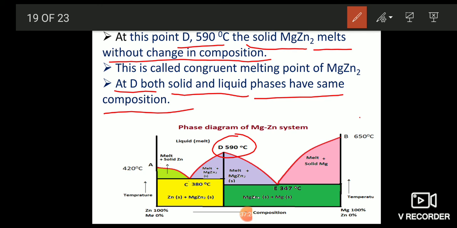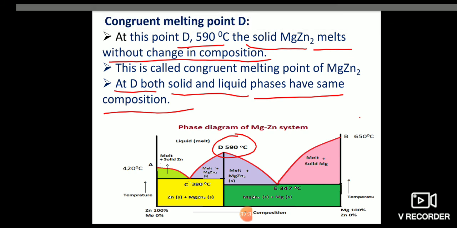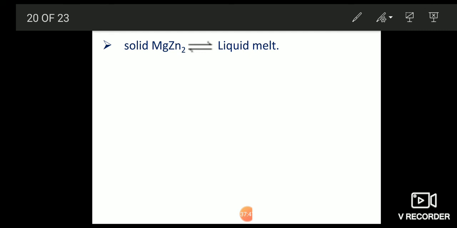Depending on this, we predict the two phases present at point D: solid MgZn2 in equilibrium with liquid melt.